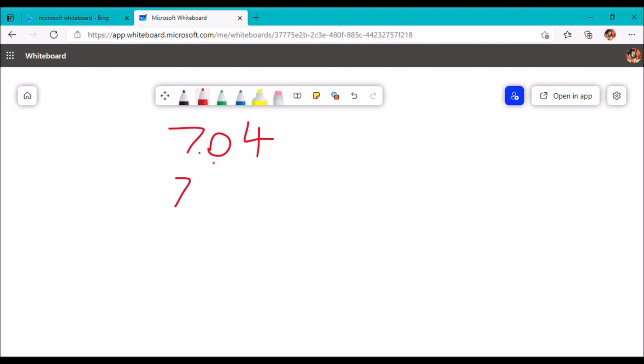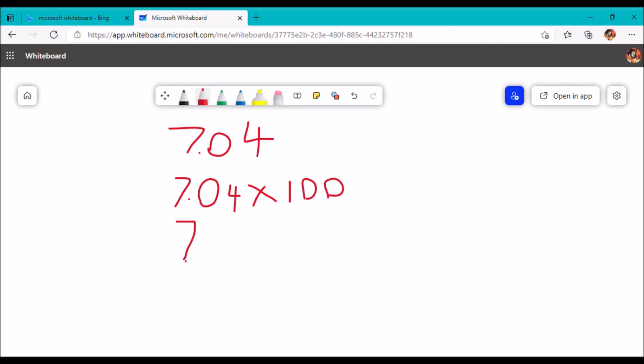But remember that although we keep a decimal point here, there's another number here. So it becomes only 7.04. So how does this 7.04 becomes 704? It is by multiplying by 100.